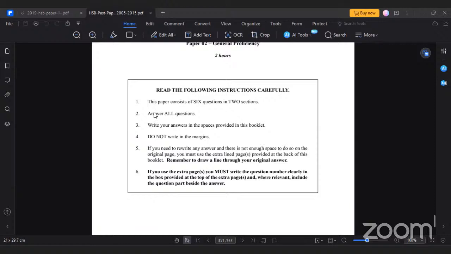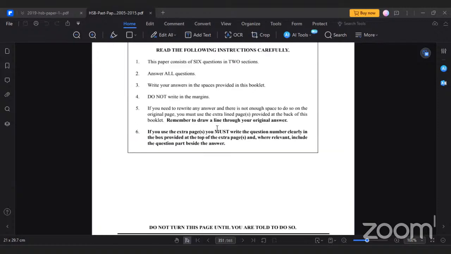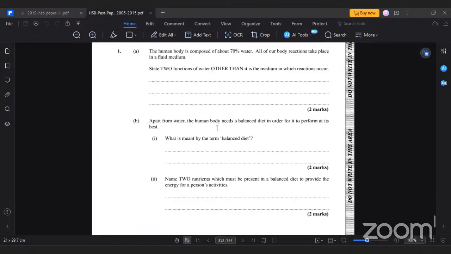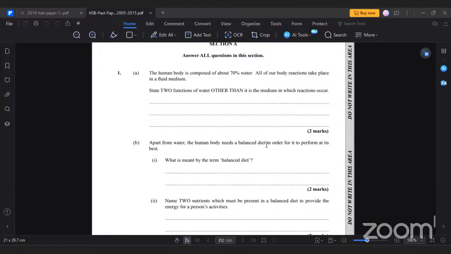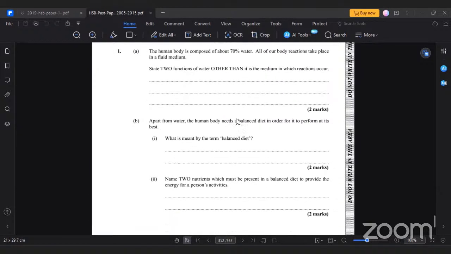It says the paper consists of 6 questions in 2 sections, and write your answers in the spaces provided and not in the margins.